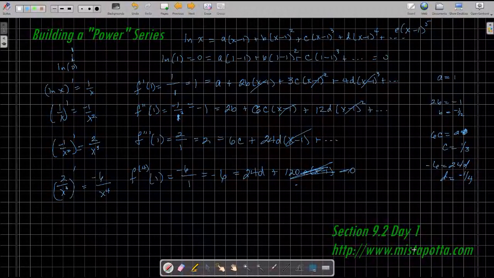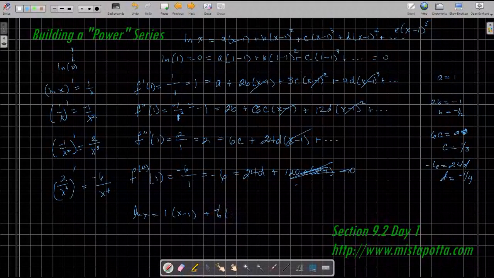So my power series should be equal to natural log of x equals a times x minus 1 plus b times x minus 1 squared.